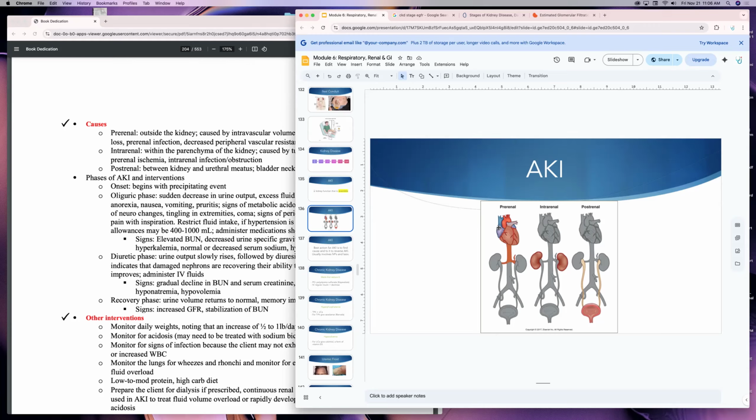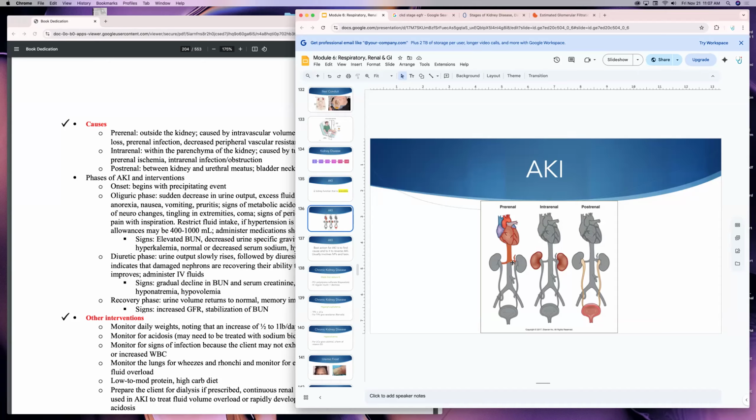So the heart is highlighted here because you need proper cardiac output to make proper urine output. Why? You need proper cardiac output so that the kidneys can get properly perfused. If we don't have enough fluid volume, the blood pressure will be low.